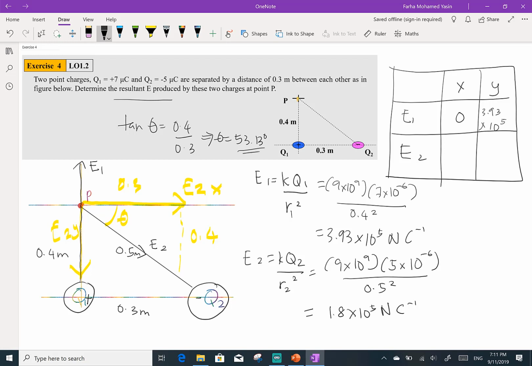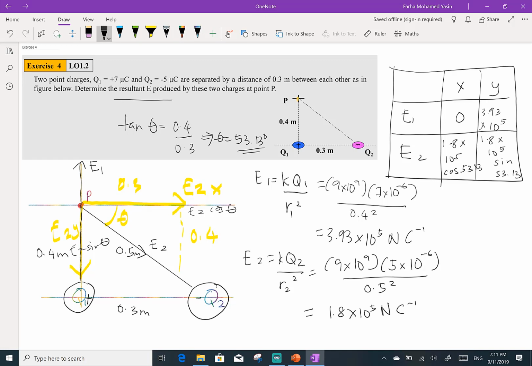Jadi kita resolvekan E2, X component E2 cos theta and Y component E2 sin theta. E2X is 1.8 power of 5 cos 53.13, and E2Y is 1.8 power of 5 sin 53.13.